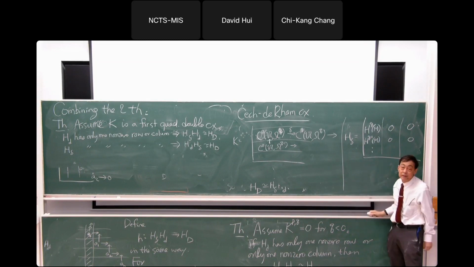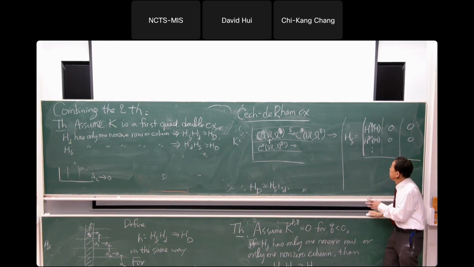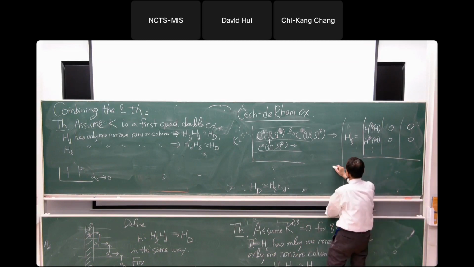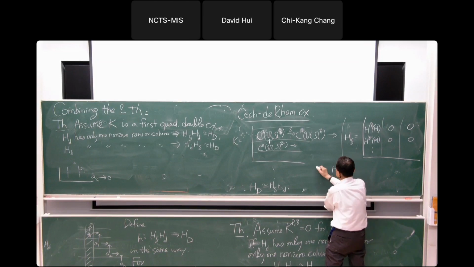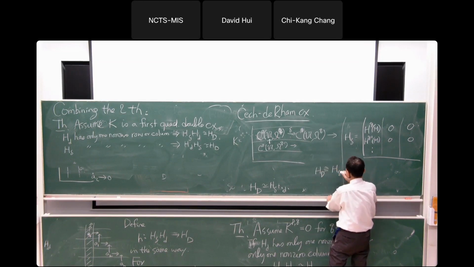So you see that H delta has only one non-zero column. And so that means H big D is isomorphic to HD H delta.